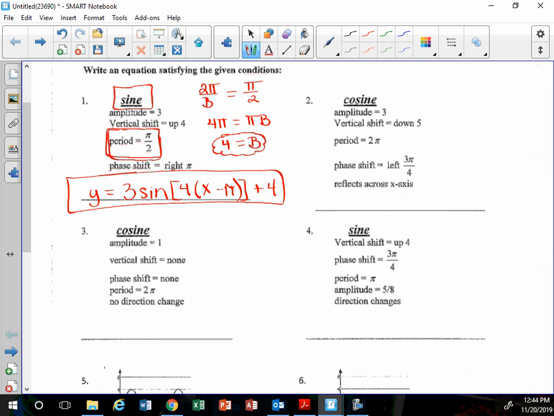Try number 2 for me. This one's a cosine equation. See if you guys can write that equation. Talk to each other after you've written it. See if you agree.